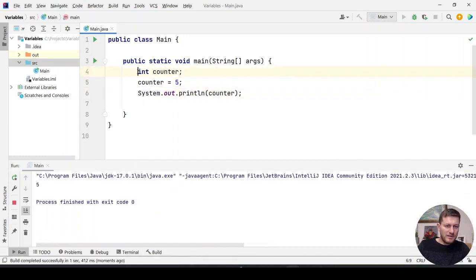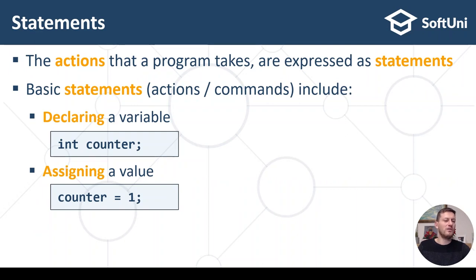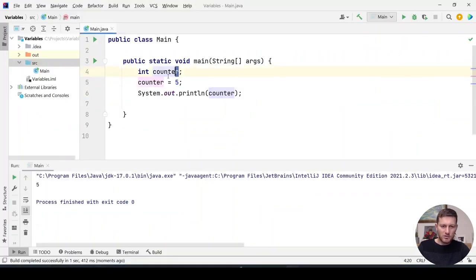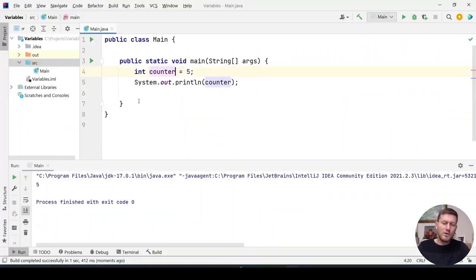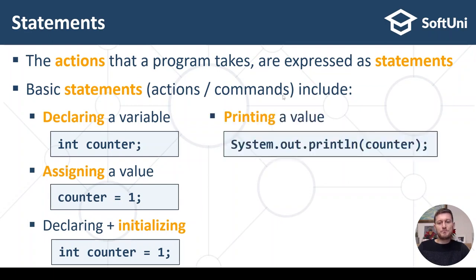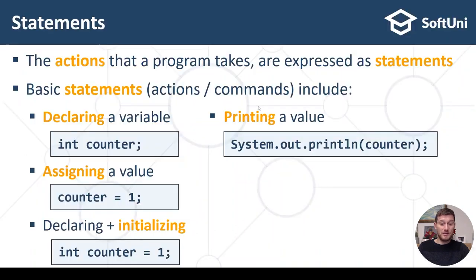So this is a statement, this is also a statement, and this is also a statement. These are simple statements: declaring a variable, assigning a value, or declaring and initializing a value on the same line, like this, which is quite more readable and quite more efficient. You type less code.